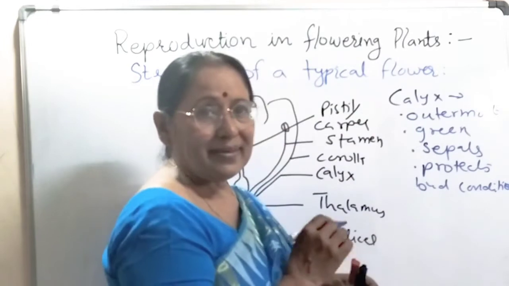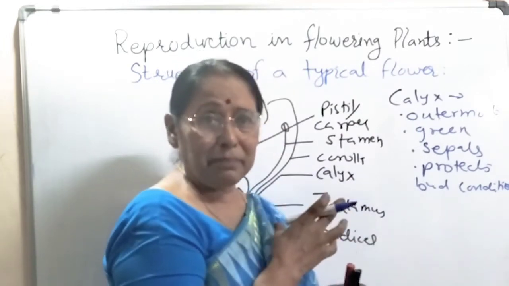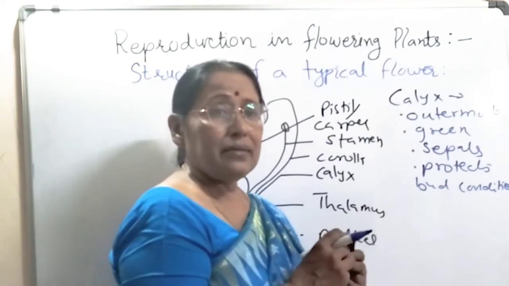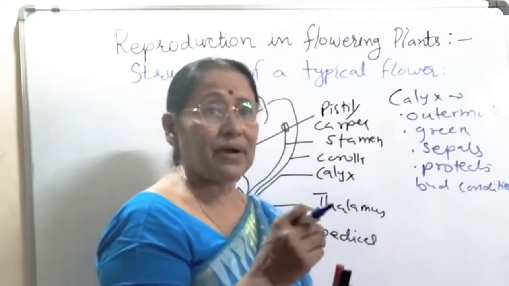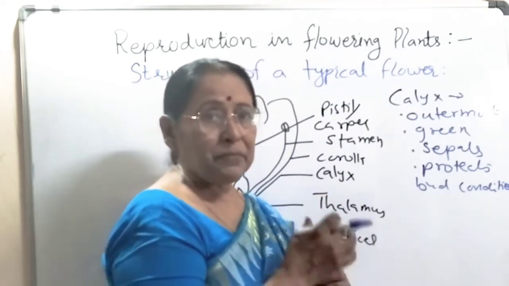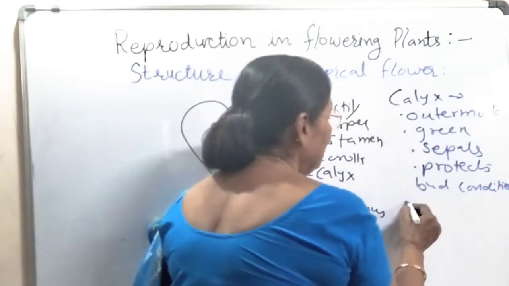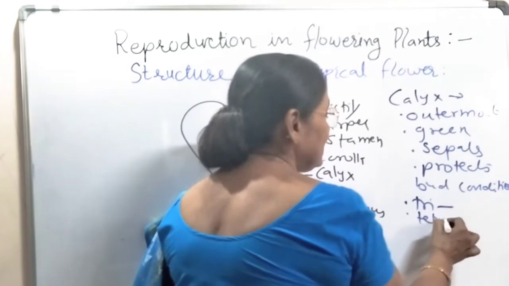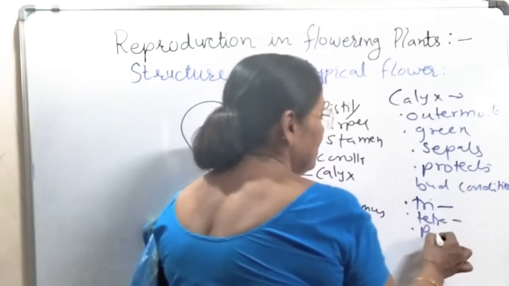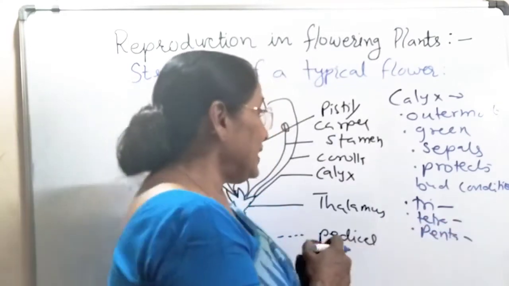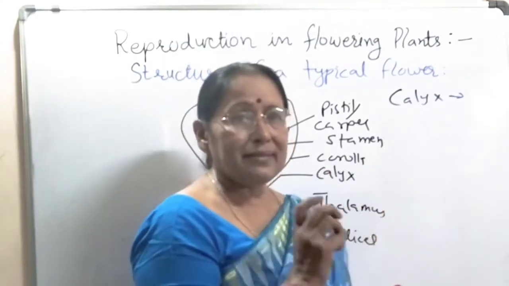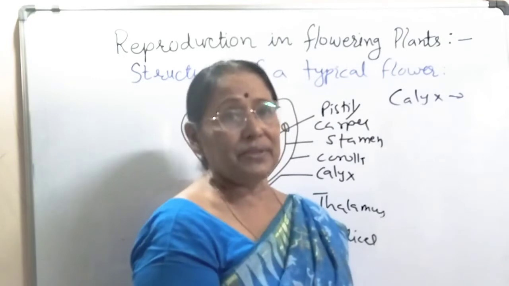Fine. Then the number of sepals can be 3, 4, 5 or multiple of it. Accordingly, they are called trimerous, tetramerous or pentamerous.